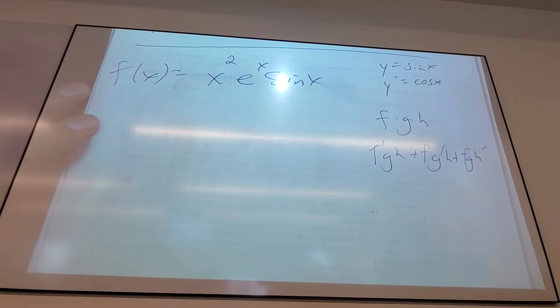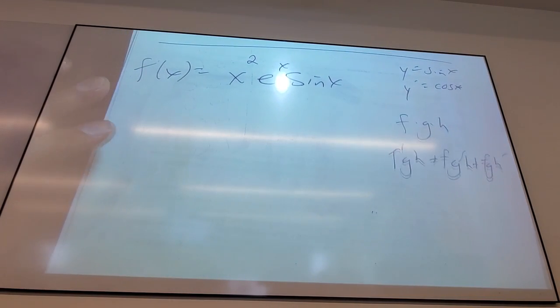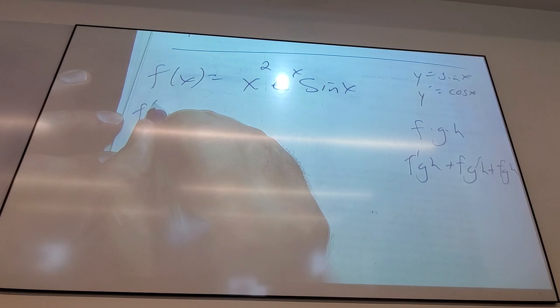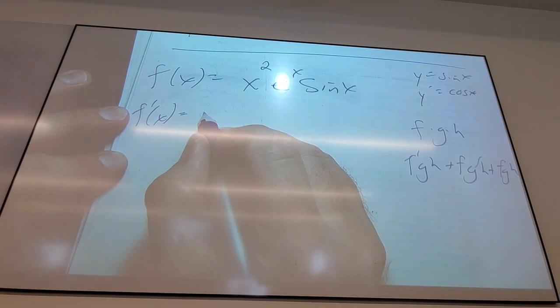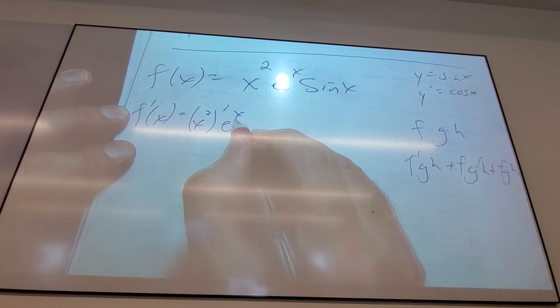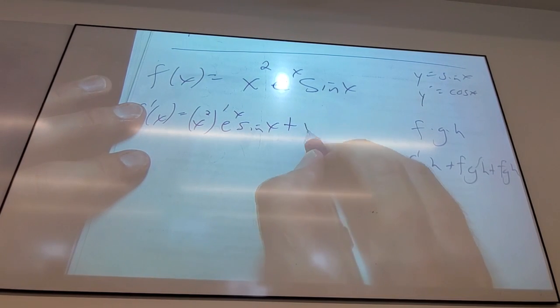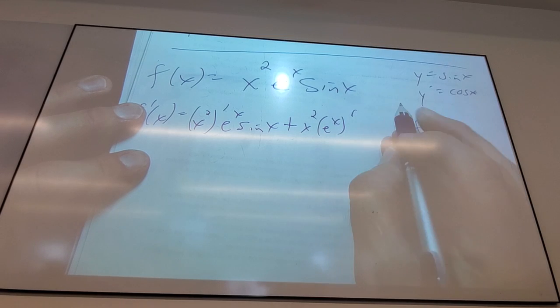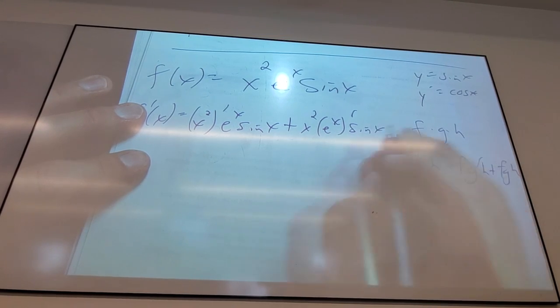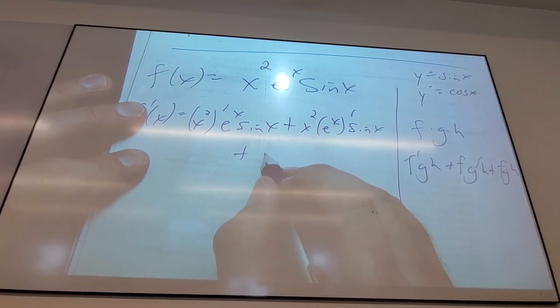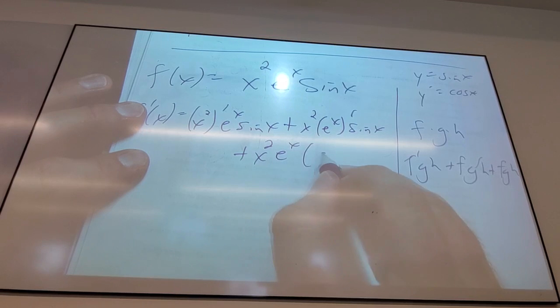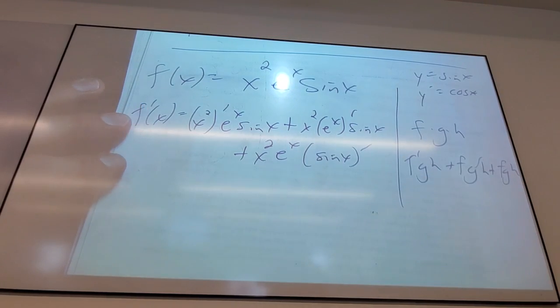Okay, so I'm not going to give you a string of like 80 functions. Don't freak out. So how would I do this derivative? It would be the x squared prime, and these guys are just sitting there waiting, sine x, and then plus x squared, e to the x prime, sine x, and then x squared e to the x, and then sine x prime.